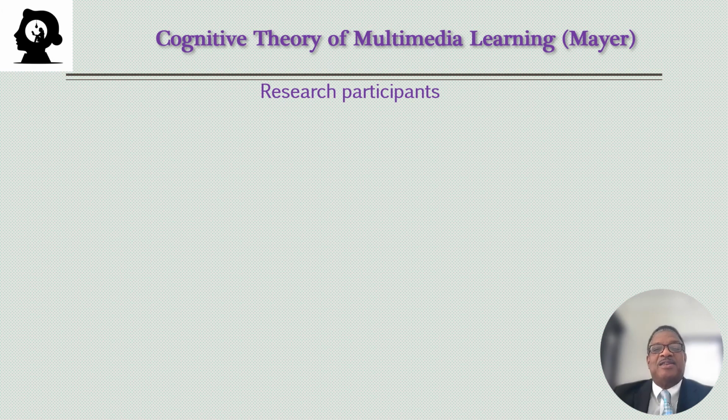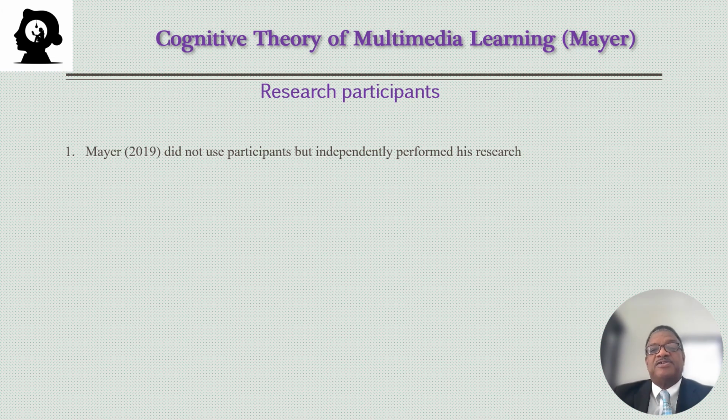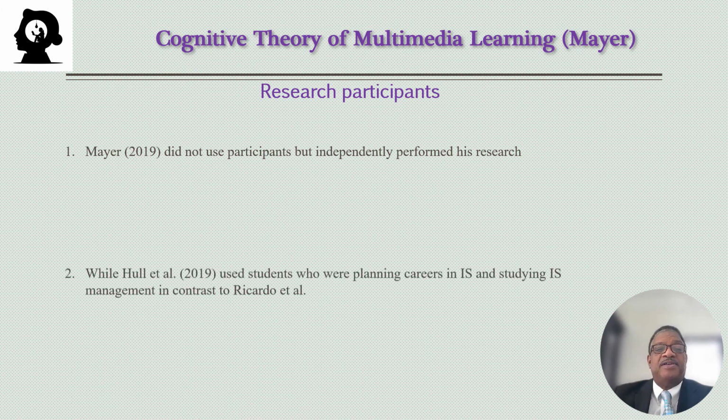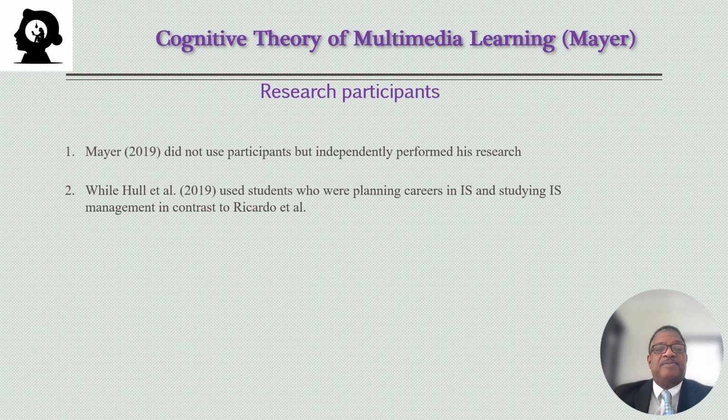Okay, so in the participants, we see that Mayer did not use participants, but he did independent research performed by himself. And in that independent research, I'm sure he had discussions with other researchers as well.